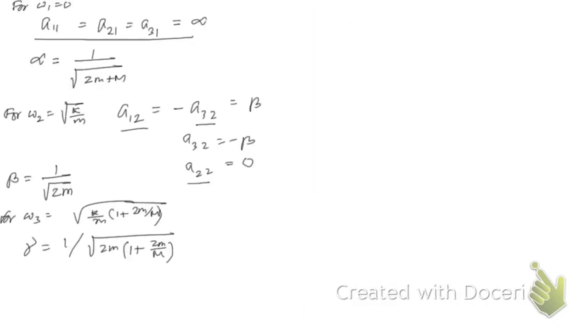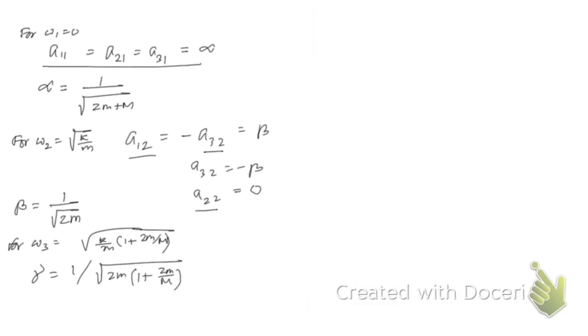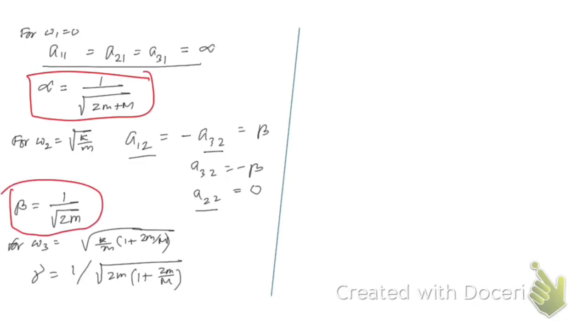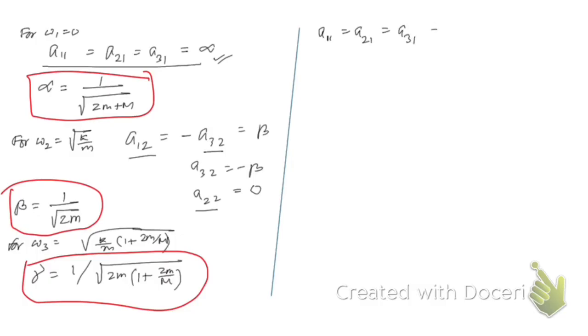So here you see we have got these results. Now from here what we can do, as we have got all the 3, alpha, beta and gamma, we can write that a11 is equal to a21 is equal to a31 is equal to 1 by what was alpha.